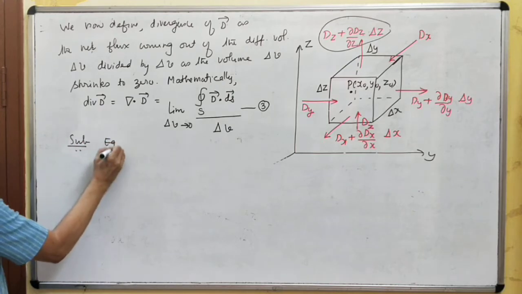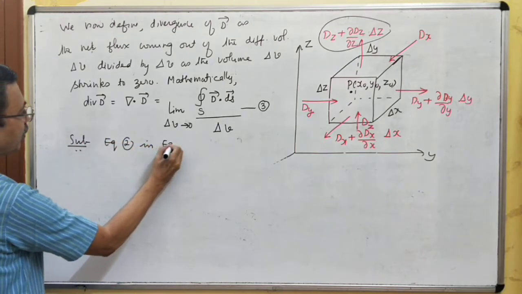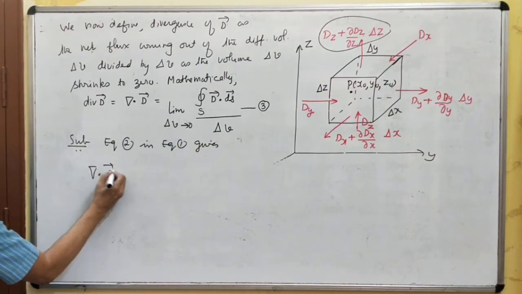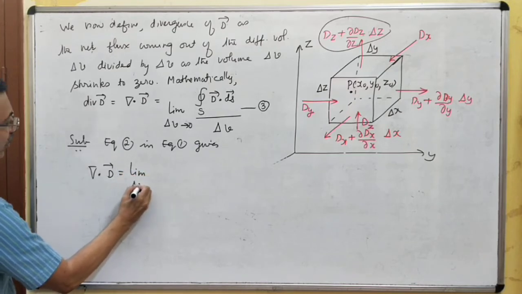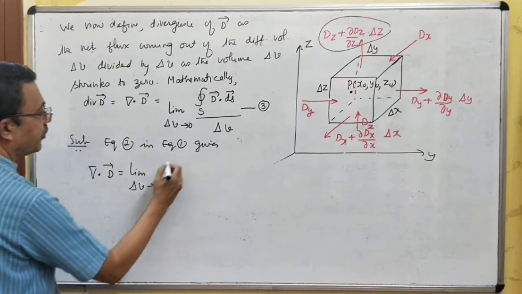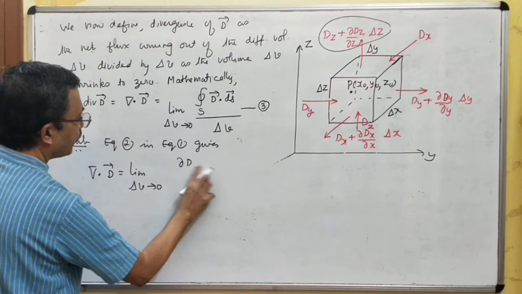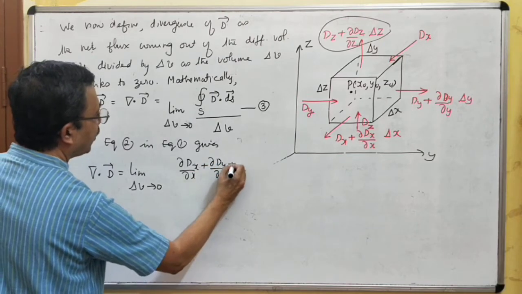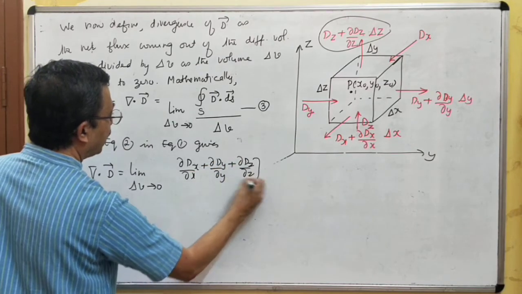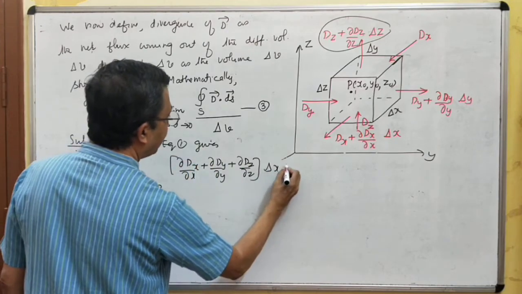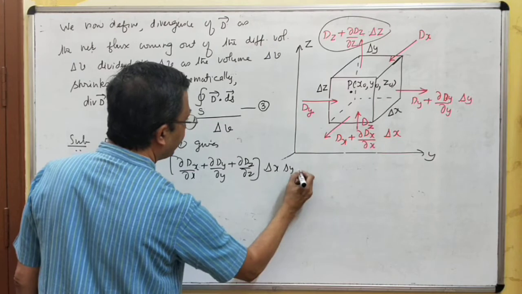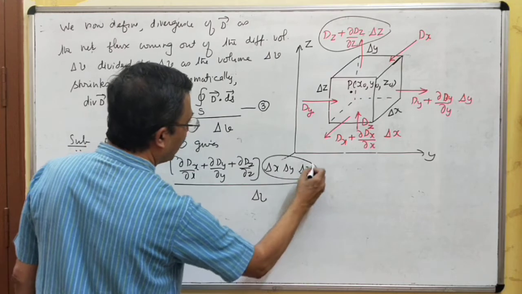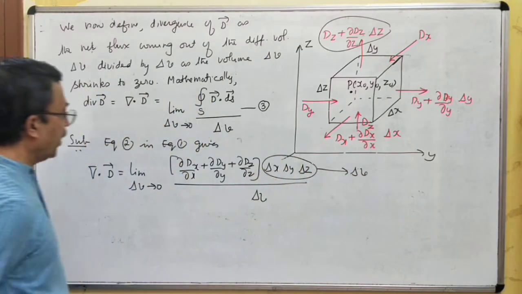Substituting equation 2 in equation 1 gives divergence of vector D is equal to limit delta V tending to 0 of dou dx by dou x plus dou dy by dou y plus dou dz by dou z into delta x delta y delta z divided by delta V. In fact, delta x delta y delta z is nothing but delta V. Therefore, delta V gets cancelled out.